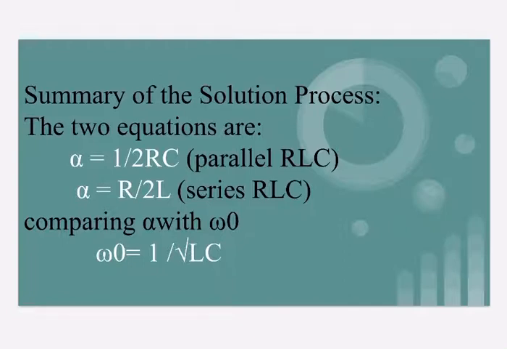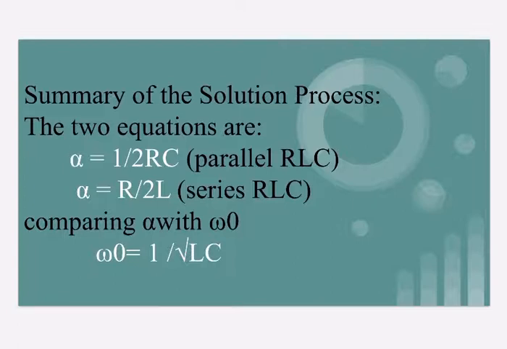Alpha is equal to 1 by 2RC for the parallel RLC circuit, and alpha is equal to R by 2L for the series RLC circuit. So our first decision is to check whether it is series or parallel, and the second decision is comparing alpha with omega naught.